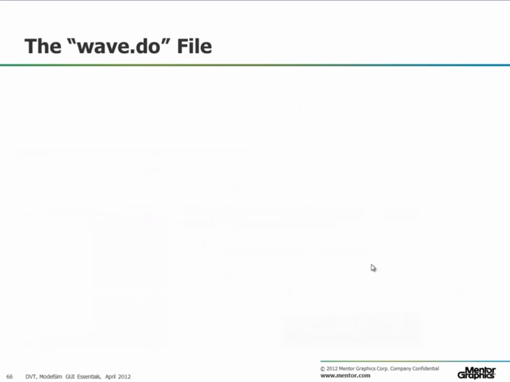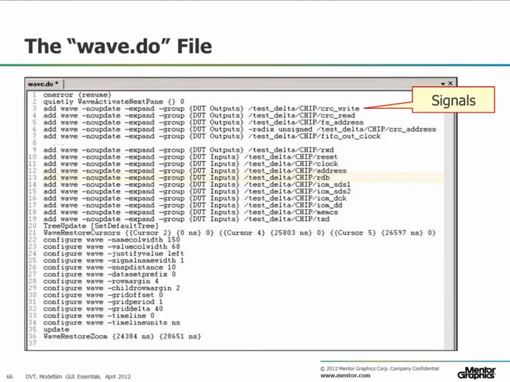So when I save that, it creates this do file that's going to add everything that was in my wave window back in. All of the signals that I had will be put in, the cursors. So here's all the signals.